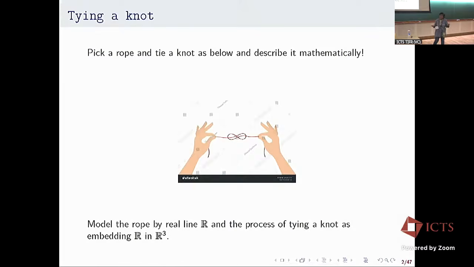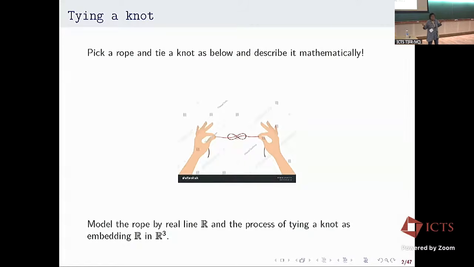So basically, this whole process is as if your graph is going by some functions. So for R going into R3, you require X, Y, Z, three coordinates to describe it, and the map should be what is called an embedding.